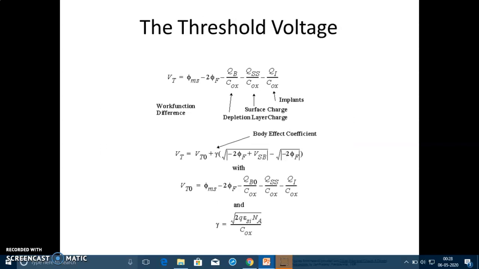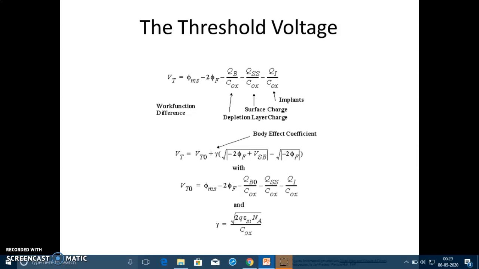Threshold voltage equals phi_ms minus 2 phi_f minus Qb divided by Cox minus Qss by Cox minus Qi by Cox. Here the work function difference, depletion layer charge, surface charge, and implants are the elements.